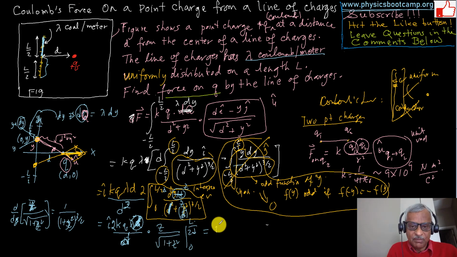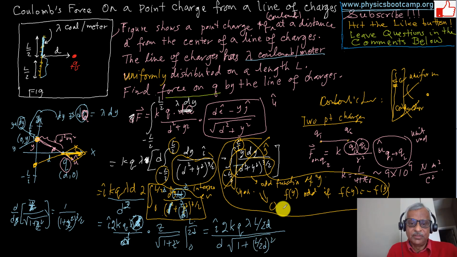So I have i hat 2 k q lambda, L over 2d divided by d, square root of 1 plus (L over 2d) square. You can see this part here is just the total charge in the rod.